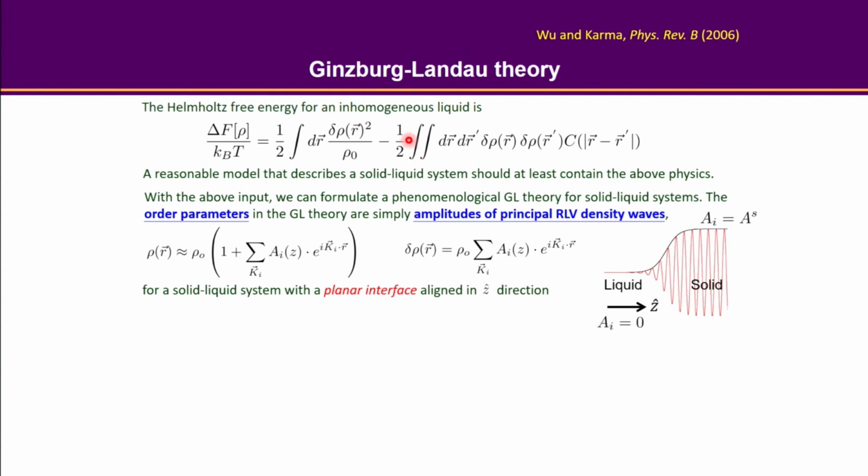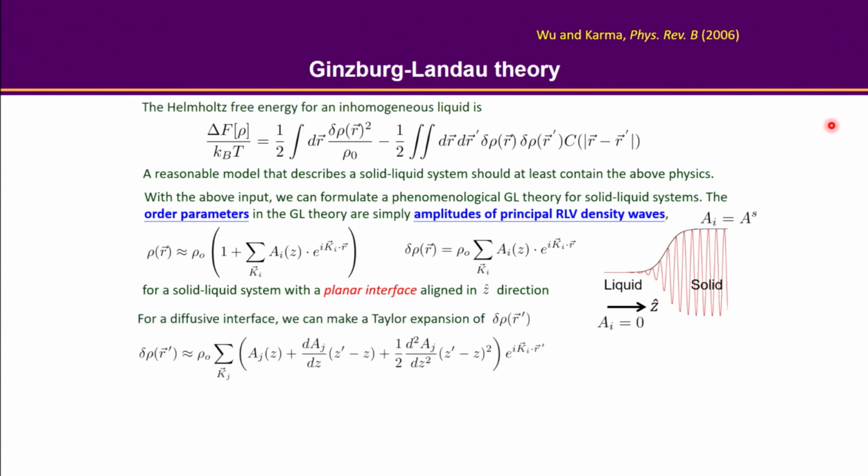So let's work on this correlation term, right? We are trying to make some approximation, so this one will look like a square gradient term that we have in the phase field model. This only works if the interface width is quite diffusive, which means I'm requiring that the interface width here is large.